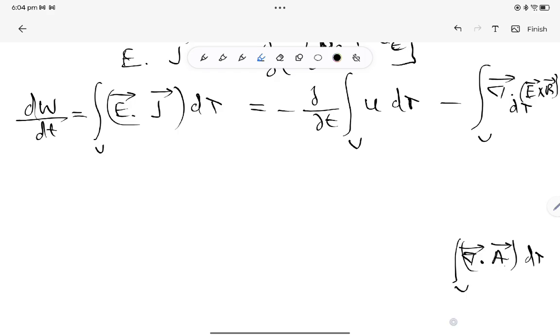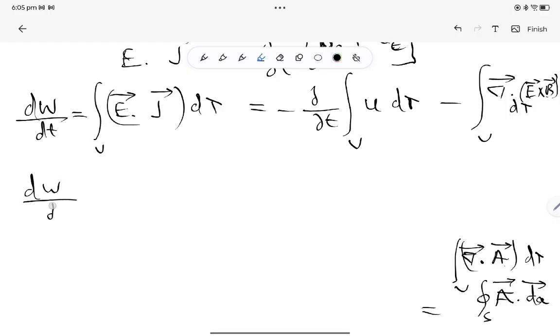This is the divergence of a vector, and according to Gauss's theorem, the divergence of a vector is equal to the flux through the closed surface S, that is, a dot dA. So treat this E cross B as one vector. Then it is del dot E cross B, the divergence of that vector. Go back to flux through the closed surface.